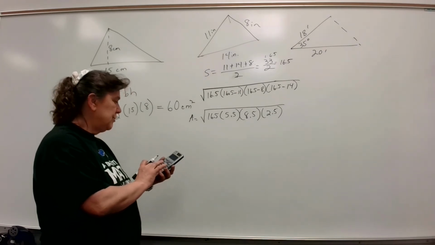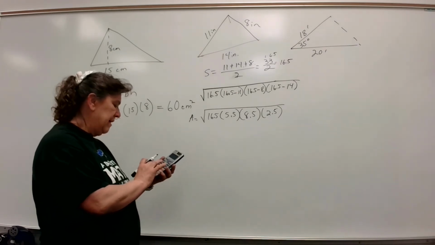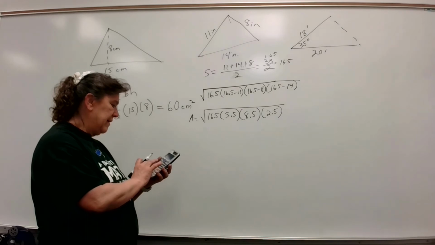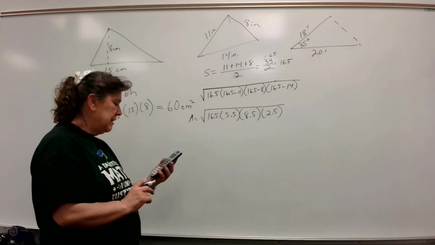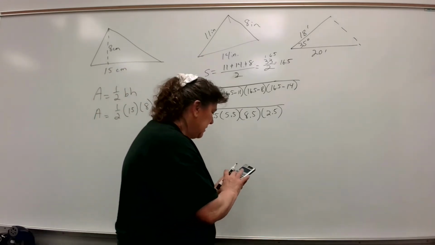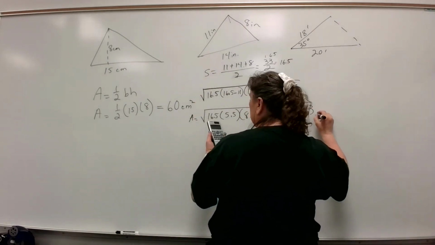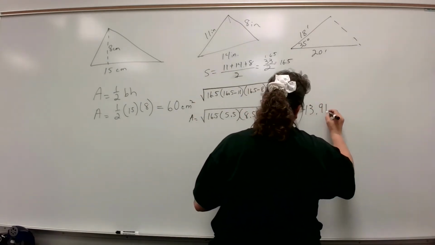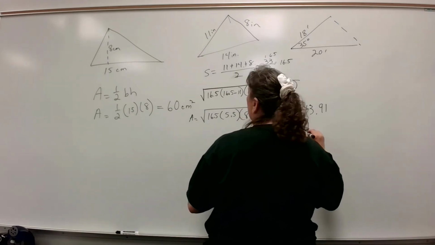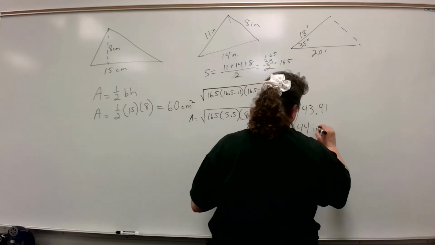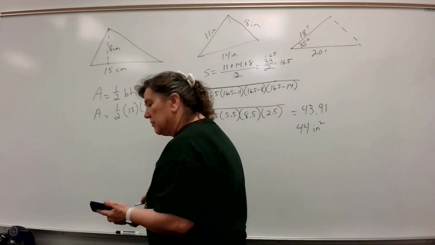And it gives you a shortcut. 8.5 times 2.5 equals. And this is approximately equal to 43.91. In other words, 44 inches squared if we round it to the nearest whole number.